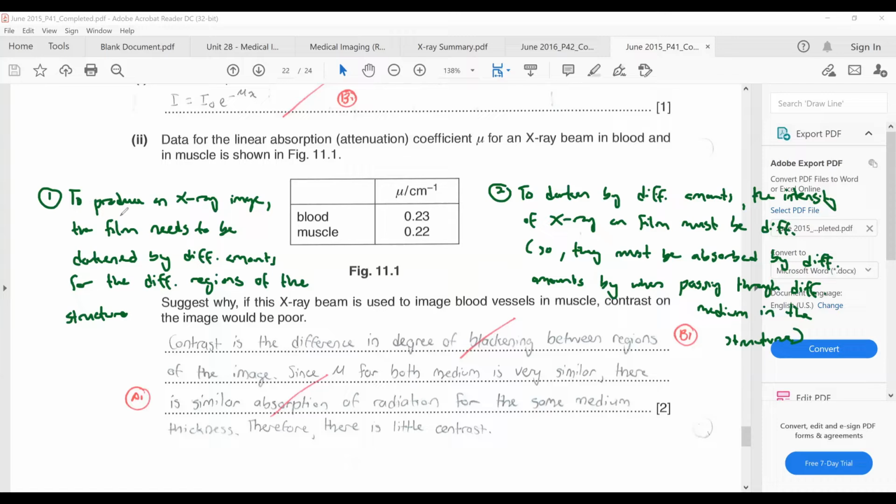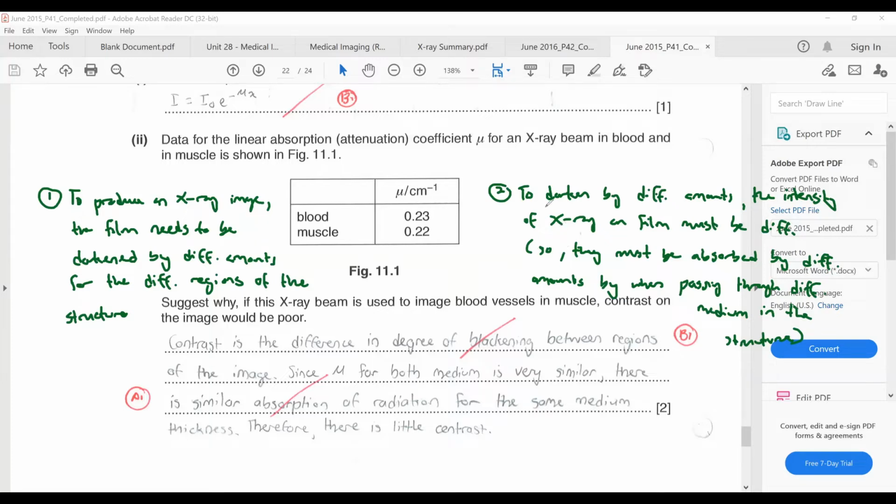The understanding is this: if you want to get an X-ray image, your film needs to be darkened by different amounts for the different regions of the structure. To darken by different amounts, the intensity of the X-ray on the film in the first place must be different. So this can only be so if they are absorbed by different amounts when passing through different medium or region of the structure.